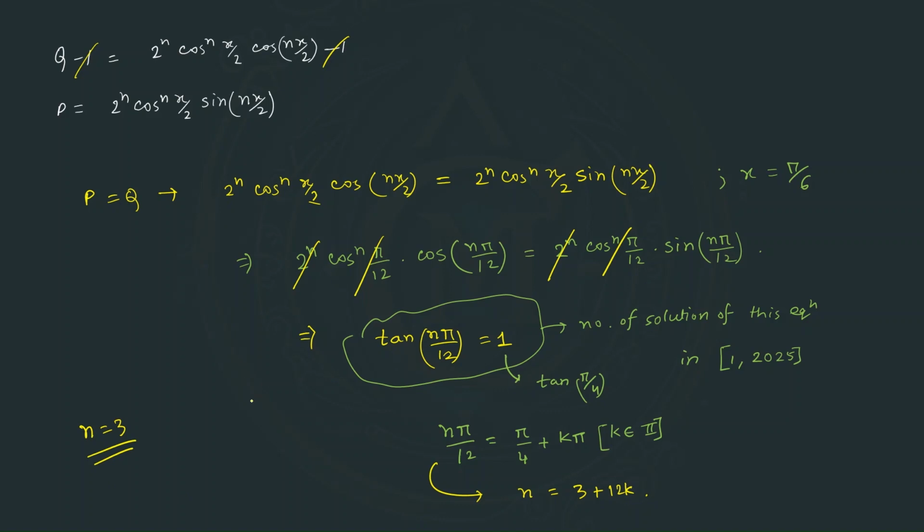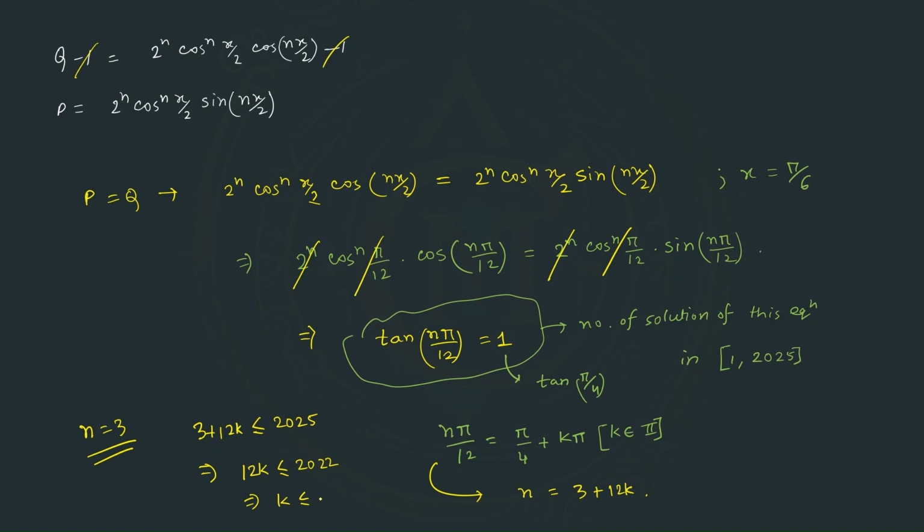Now how many solutions exist? So we can put this 3 plus 12k to be less than equal to 2025. So this 12k should be less than equal to 2022. So k should be less than equal to 2022 divided by 12.